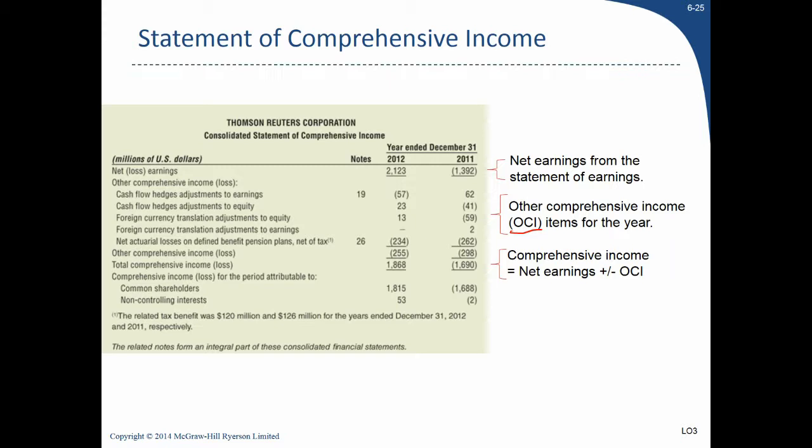The accounting standards boards really like to pull apart all the transactions and be very specific with how you classify everything. So notice here how they have foreign currency translation, okay, and cash flow hedges. Those are two items that are more financing in nature.